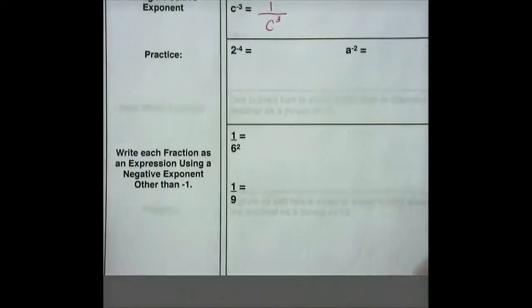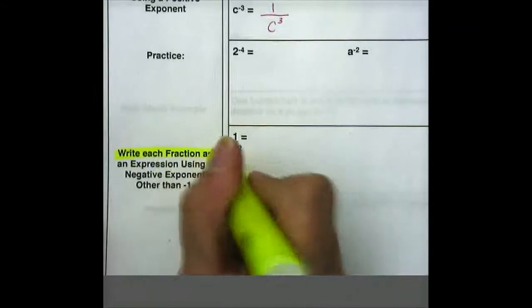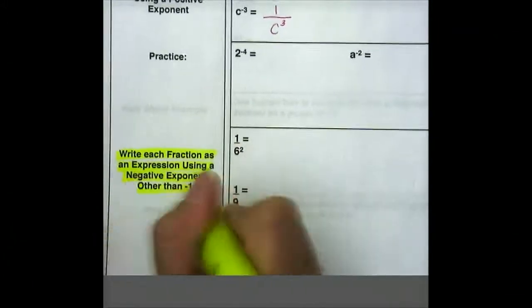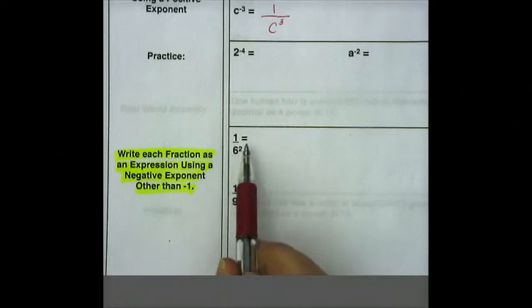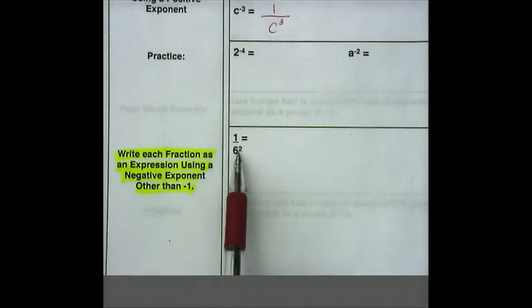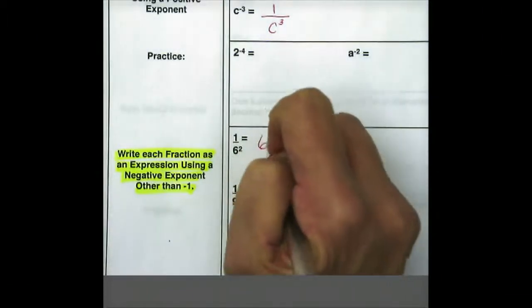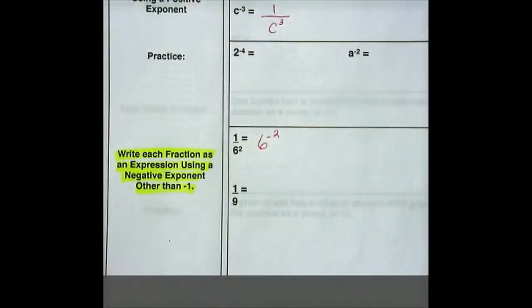Okay, now that you have had an opportunity to do those two practice problems, let's look at writing fractions as expressions using a negative exponent other than -1. So we have 1 over 6 squared. If we're going to do this, basically all we're doing is the opposite of what we were doing before. So 1 over 6 squared is going to be 6 to the negative second.